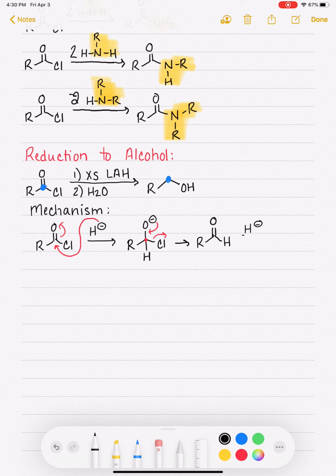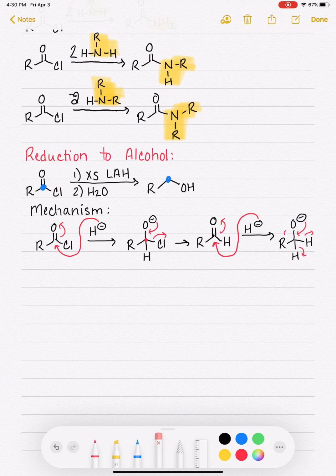Our friend, the aldehyde. Aldehydes are very reactive towards the hydride reagent. So a second hydride is going to come in and react whether we want it to or not. The second hydride is going to come in and it's going to react again by attacking the carbonyl carbon for a second time, open up the carbon-oxygen double bond. This time we have something that looks like this. Now this time, at this particular point, we are not going to see the carbon-oxygen bond forming again because none of the things on here are good leaving groups.